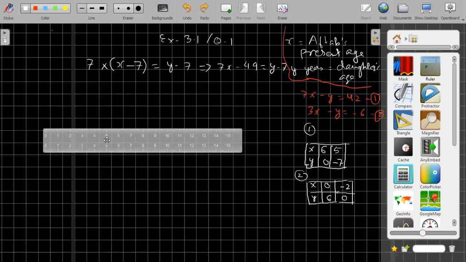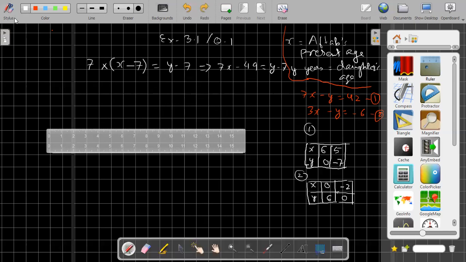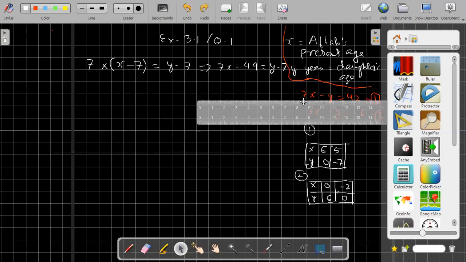So x-axis, draw one line for x-axis. After that, this is x-axis.